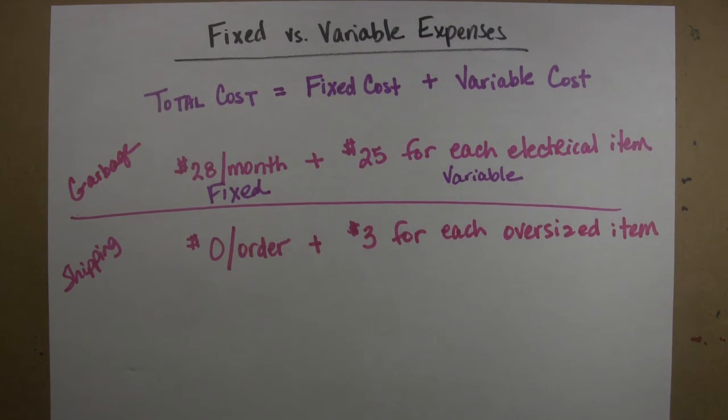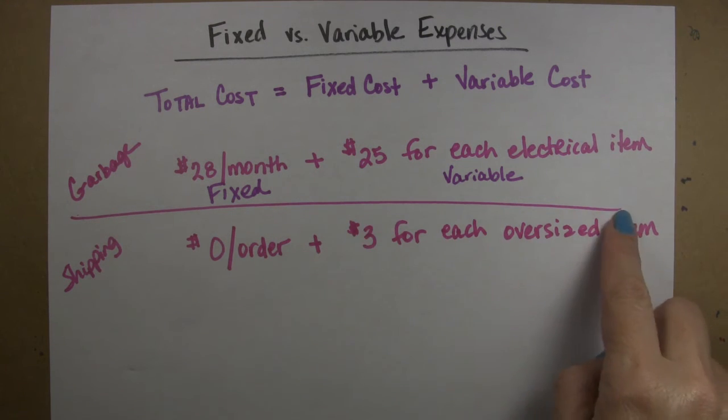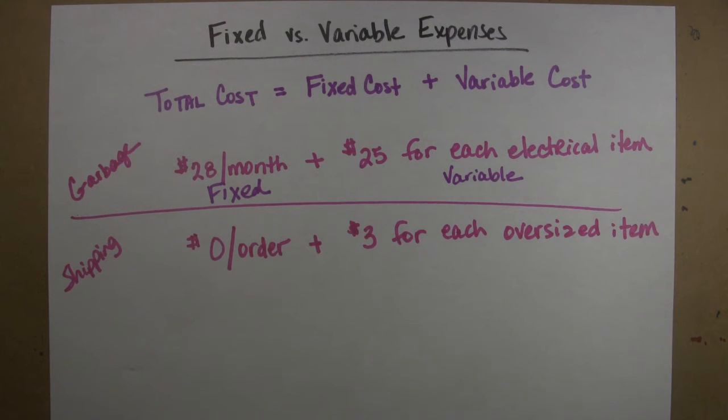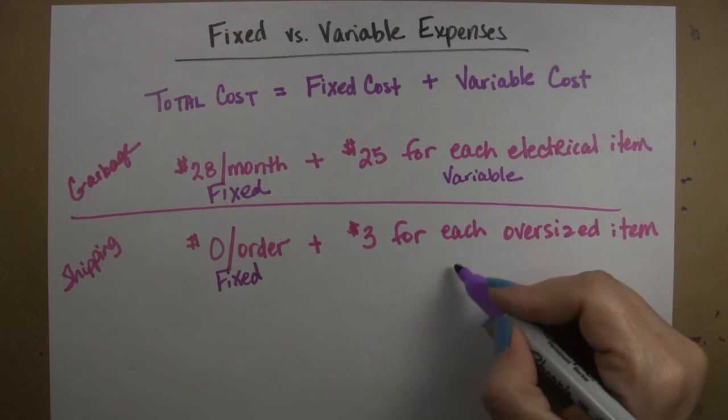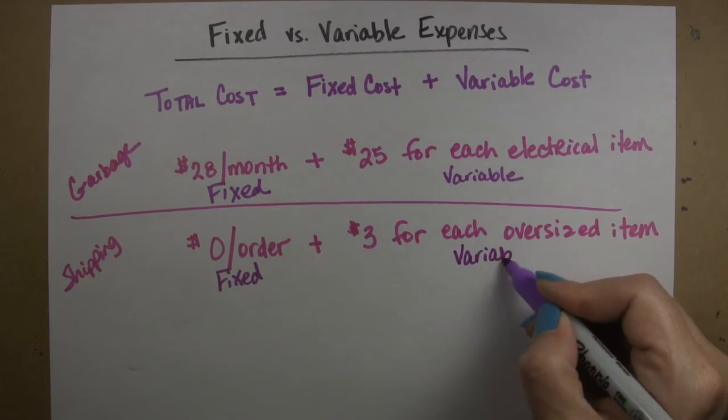In my case, it was a comforter. So I paid $0 plus $3 for my oversized comforter. If I had also ordered a chair, that would have been an oversized item. So it would have been $0 plus $3 for the comforter and $3 for the chair. So again, here's my fixed amount and here's my variable amount.